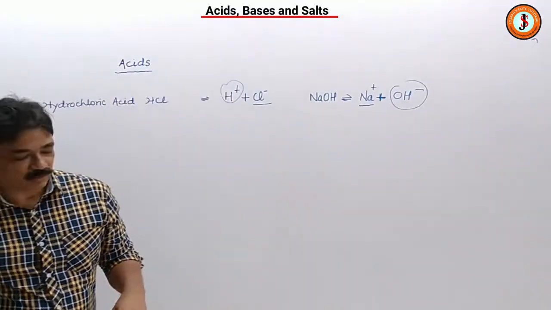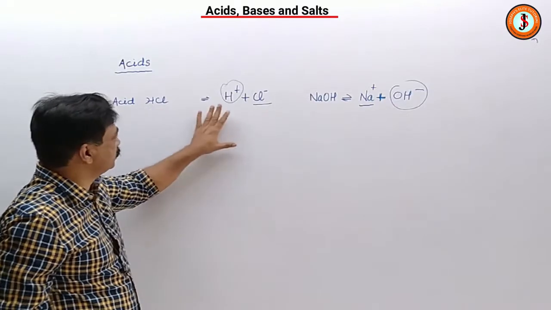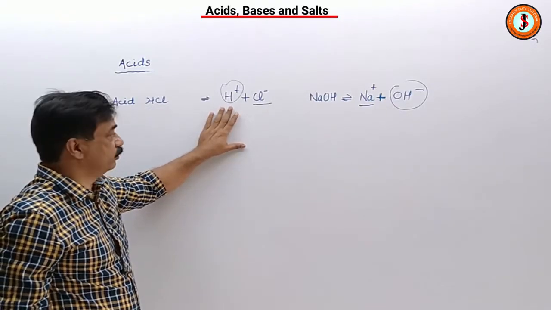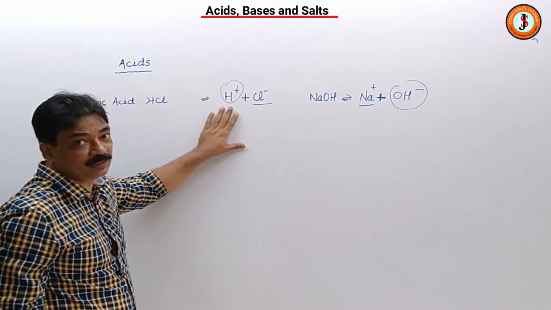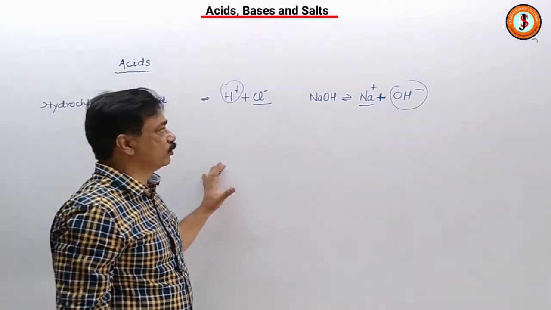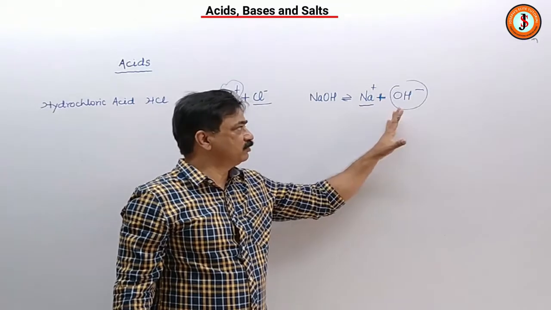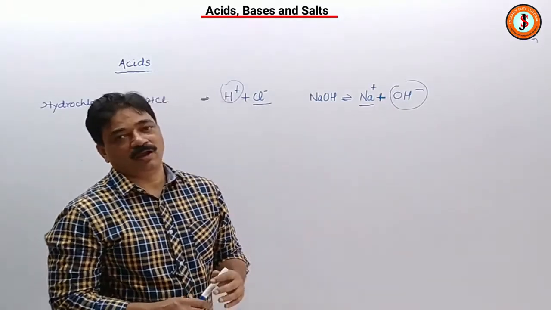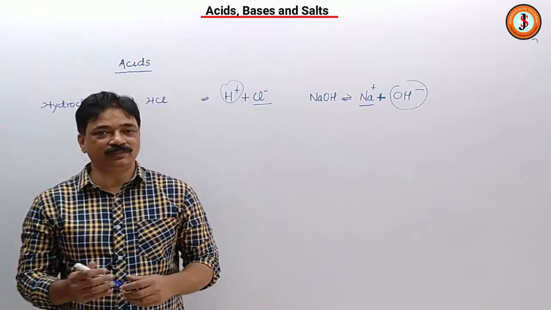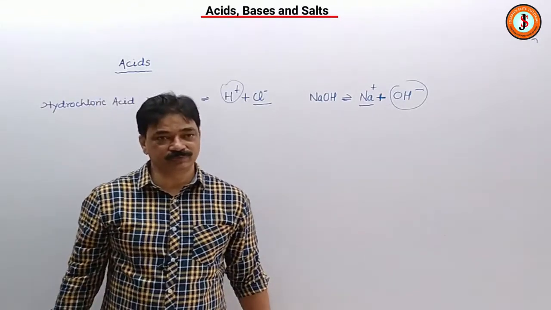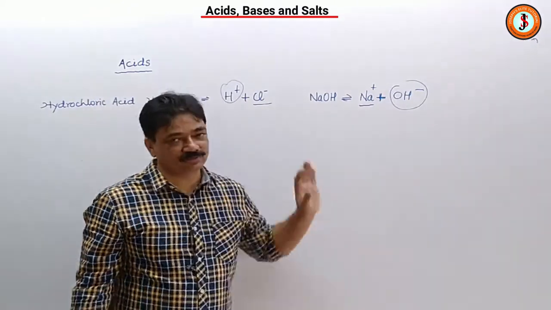See, hydrochloric acid only gives one hydrogen, so it's a monoprotic acid. That means it donates only one proton, and this base gives only one hydroxyl ion. So if they react with each other, one will need only one. So these are all standard acids and bases.